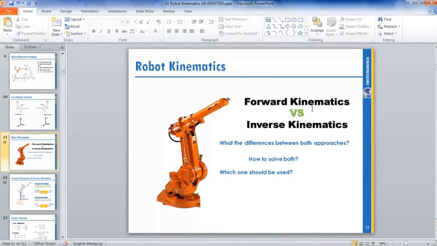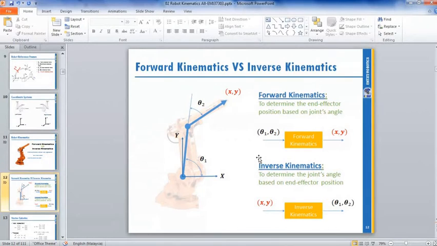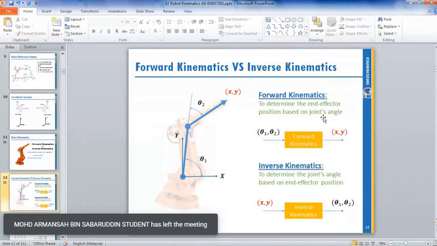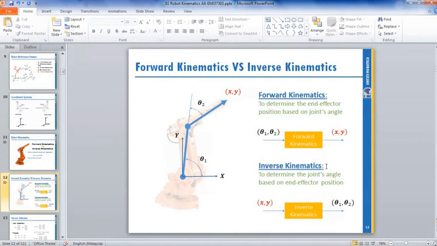And this is forward kinematics versus inverse kinematics. Before this, the difference between forward and inverse: forward is that we want to find the end tool or gripper position and orientation.